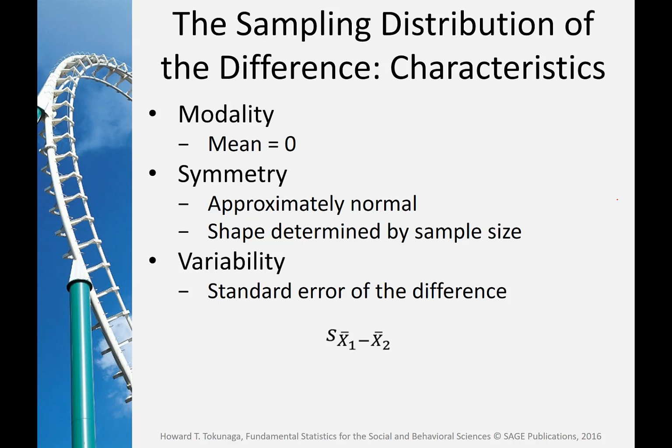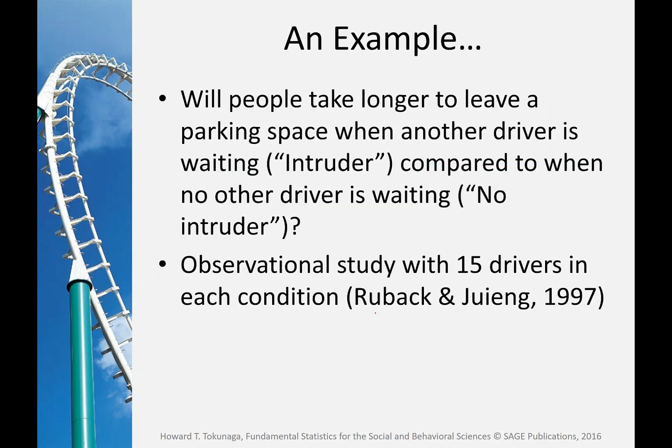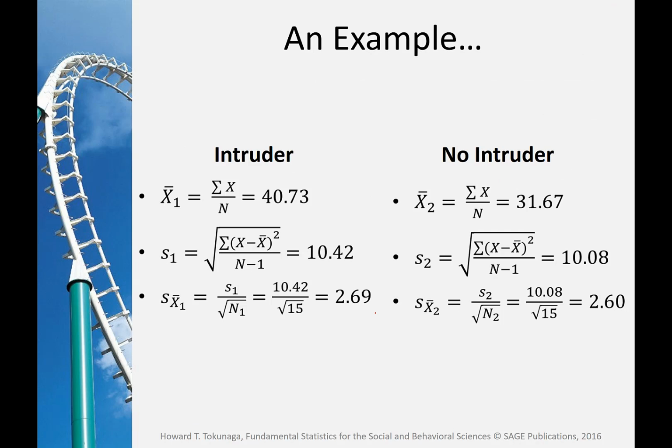Because the sample size matters, our measure of variability is still going to be a standard error. But this one looks a little different. So this is the standard error of two groups. And when I go back to this screen, right, here's our two groups.